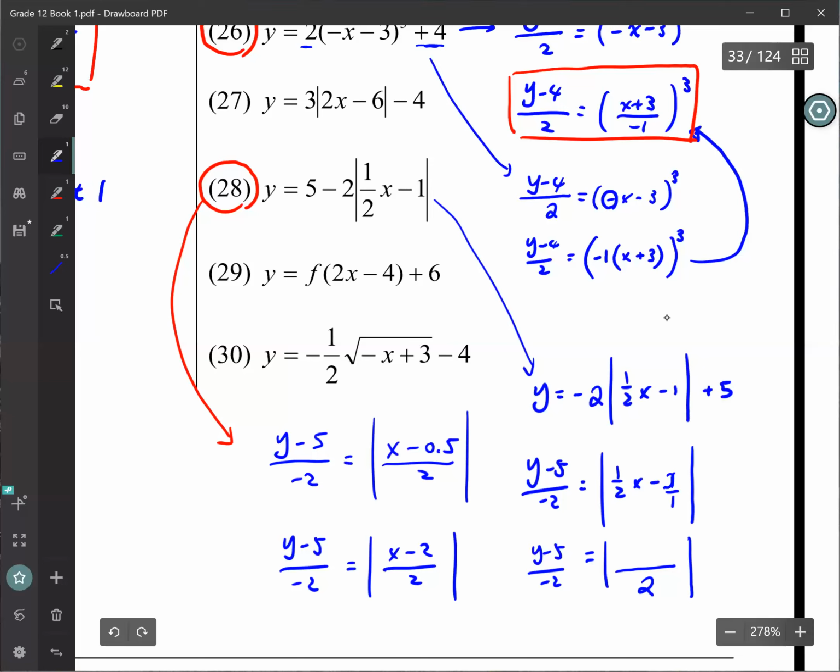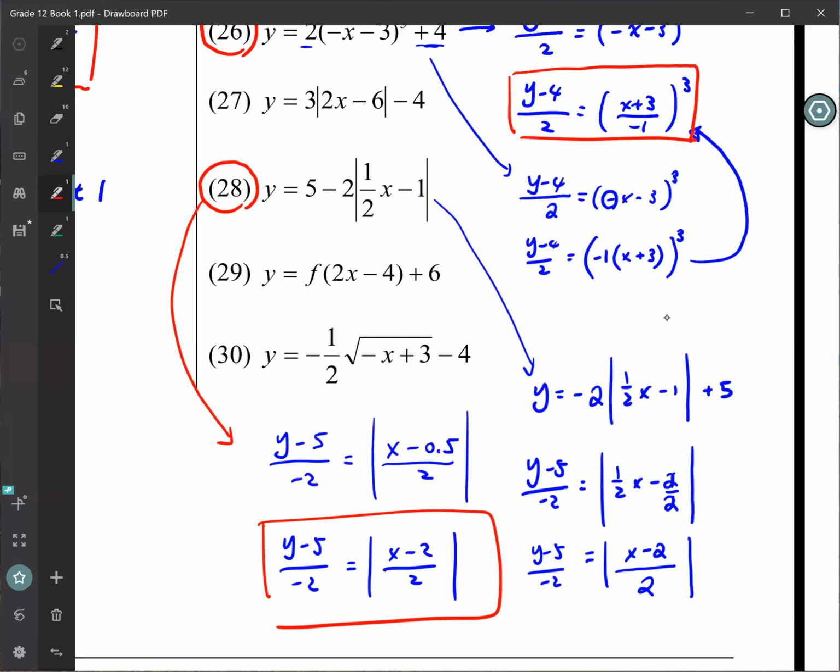If you get the same denominator, 1 over 1 will become 2 over 2. Then once you combine together, it will become x minus 2. So that should be the answer: x minus 2 over 2. And then there you have the reflection, and also stretching and translation.